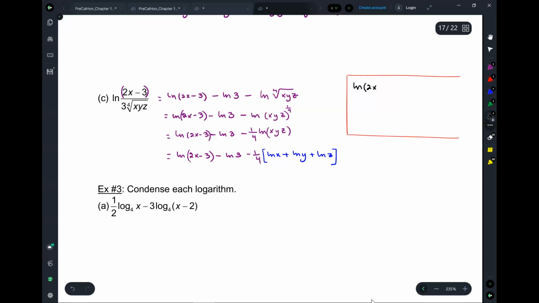One is ln of 2x minus 3. One is ln of xyz. Inside the ln, the terms have to be either multiplied or divided. So here they're being multiplied, you can expand them. If they're being added or subtracted, you cannot distribute an ln. So this one's done, because it's a minus or a plus inside. This one, because it's being multiplied, you expand.